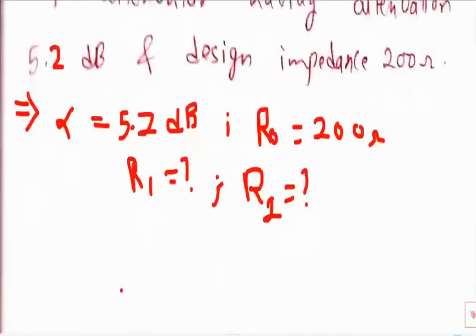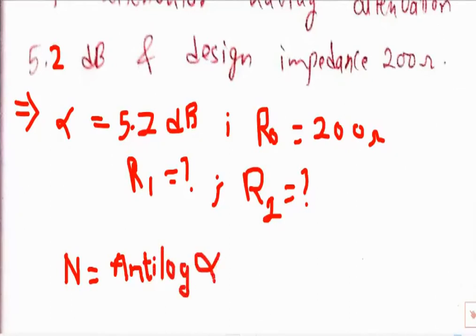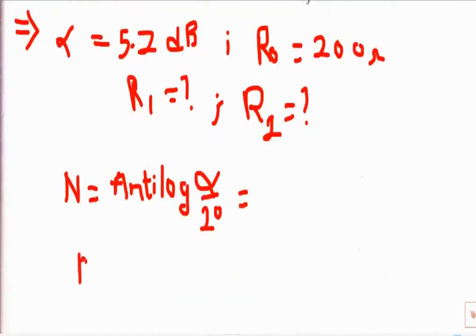Okay. So first step is you should calculate the value of capital N. Capital N is antilog of alpha upon 20. So R1 is 2R0 (n minus 1) upon (n plus 1).